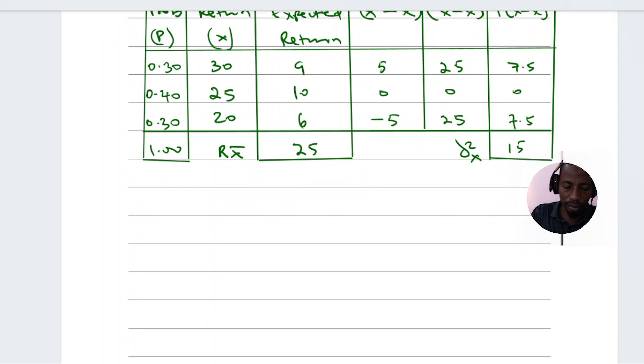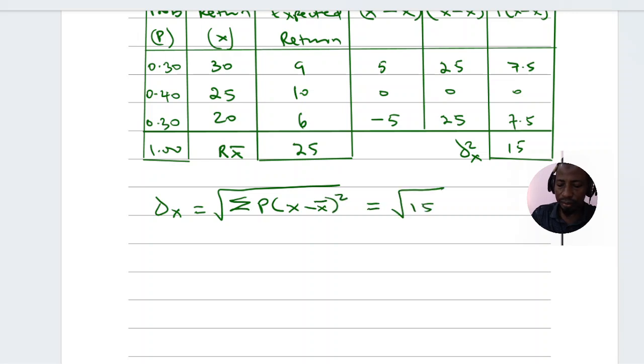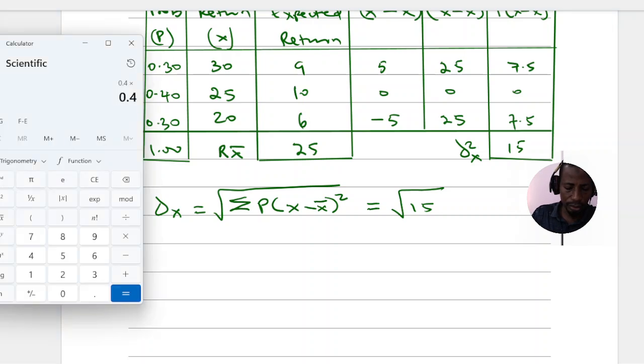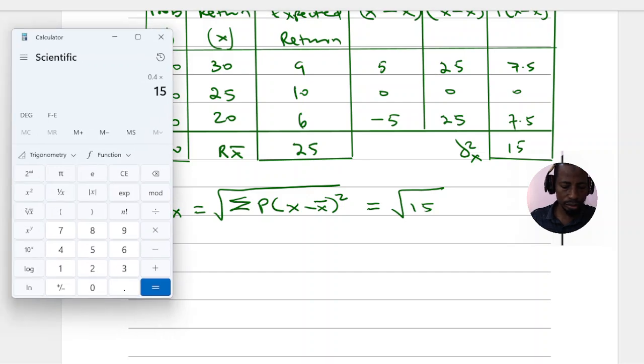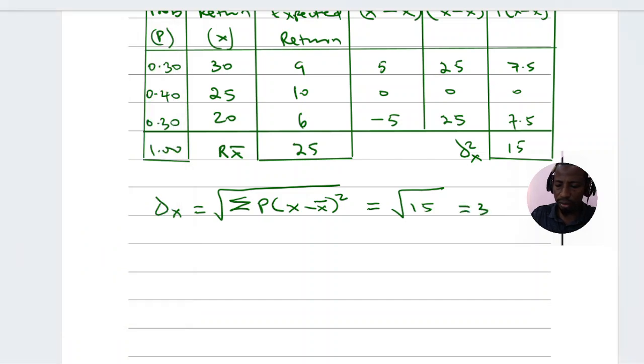Therefore, the standard deviation of security X will be equal to the square root of the summation of probability of X minus X bar squared, which is equal to the square root of 15, which equals 3.87.